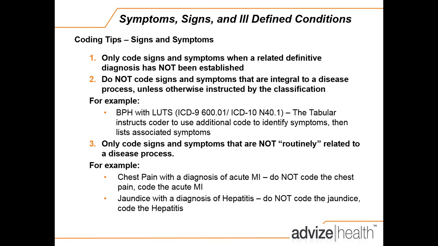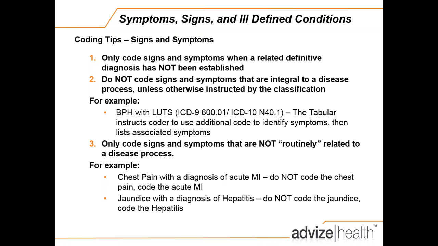Only code signs and symptoms when related to a definite diagnosis that has not been established. Do not code signs and symptoms that are integral to a disease process unless otherwise instructed by the classification. For example, BPH with lower urinary tract symptoms. For ICD-9 or ICD-10 N40.1, the tabular instructs the coder to use an additional code to identify the symptoms and then list the associated symptoms.